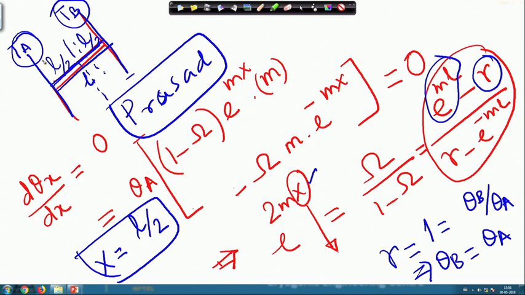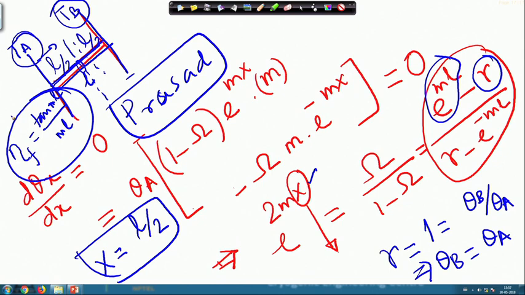If that is so, there is a kind of adiabatic condition at the middle of that fin, or at the fin tip, and we can easily use eta f equals tanh(ml) by ml. That was the fin efficiency, provided we know the exact location of that extremum.